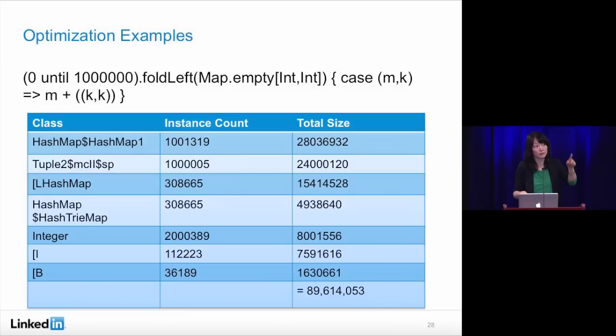This is an overview, a screenshot from jhat. Basically, only the integer portion is your data. Everything else is just the tree structure and the containers for your data. As you can see, you have about 89 megabytes of data here.